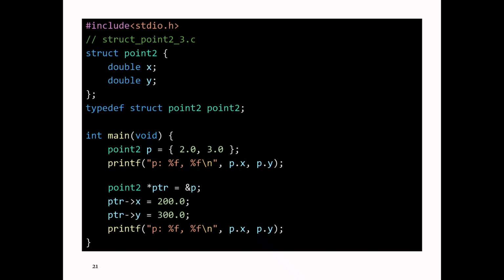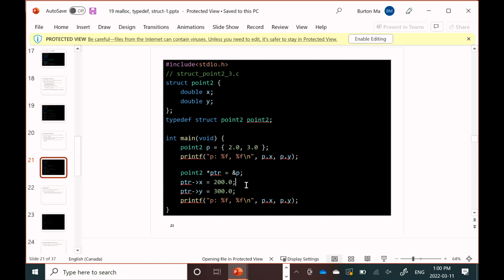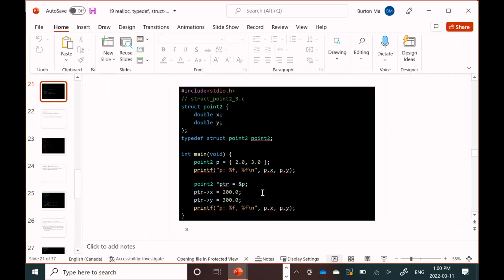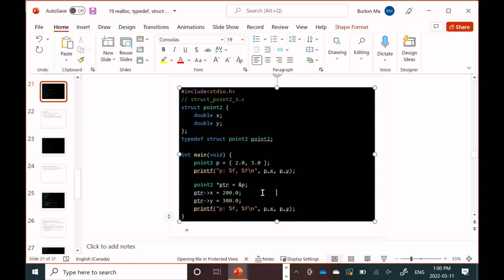Alternatively, you can dereference the pointer yourself. That's equivalent to star ptr, dereference the pointer, and then dot x equals 200. And this is the same as star ptr dot y.